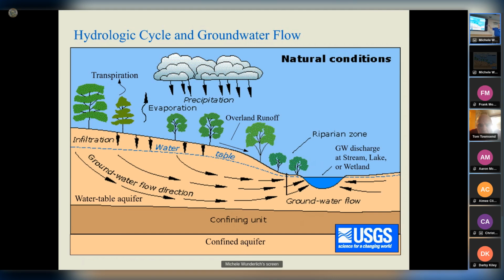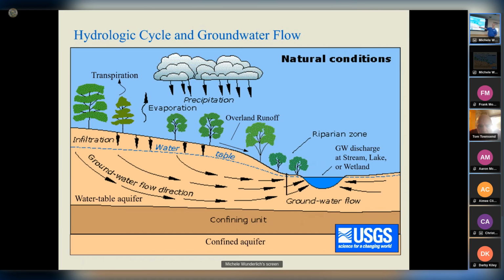So we tend to see the highest groundwater levels in late fall, early winter, and in the spring. So a water table aquifer can receive infiltration directly from rainfall. The water doesn't just sit there. It's a dynamic system. The low point in the landscape typically is where groundwater is going to end up, serving as drains.